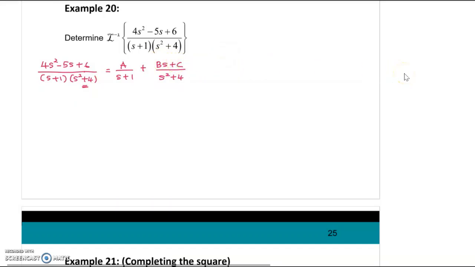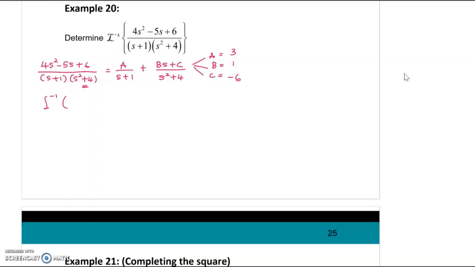By the partial fraction decomposition, to cut the story short, I just put the A, B, and C values. Make sure you get these values: 3, 1, and negative 6. So what we want is the inverse of all of those.